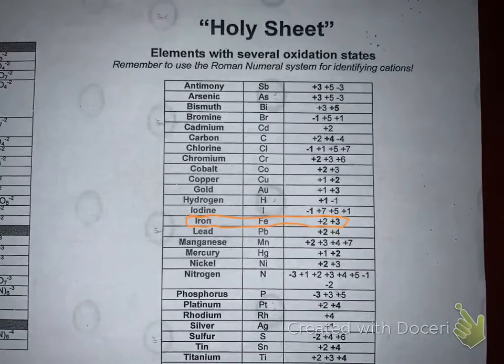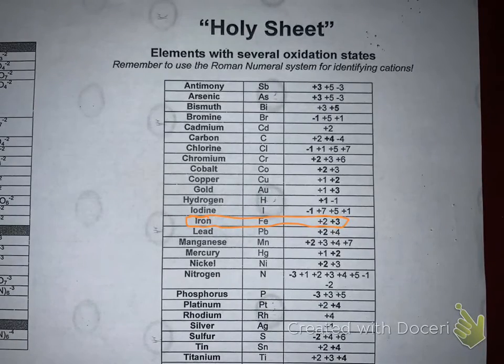And if you remember, I told you you can't use the periodic table to tell me the charge of an atom if it's a transition metal. Now, for example, if we're dealing with iron, sometimes it's going to be plus 2. Sometimes it's going to have a plus 3 charge. I need to know the name of it. You'll have to say, this is iron 2, in order to figure out the formula for it.